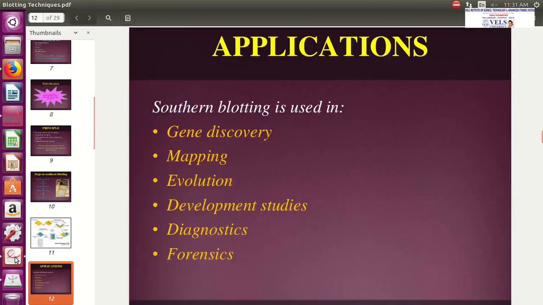The applications of Southern blot are gene discovery, mapping of DNA, evaluation purposes, development studies, diagnostics, and finally forensics. In forensics, it is a major application for identifying DNA using Southern blotting.